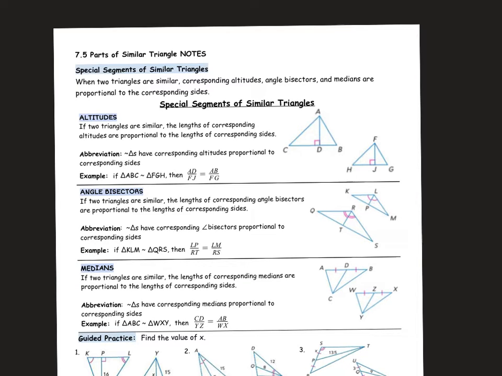This material follows the exact same way as previous material with regard to similarity and proportions, but let's just look into it. When two triangles are similar, corresponding altitudes, angle bisectors, and medians are going to be proportional to the corresponding sides.